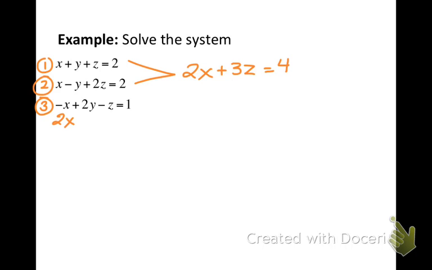That gets me 2x minus 2y plus 4z is equal to 4. So we multiplied line 2 by 2. Okay. So now when I combine those, I get 1x, no y's, 3 z's, and 5.